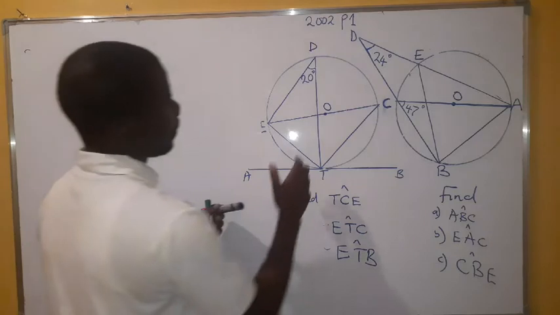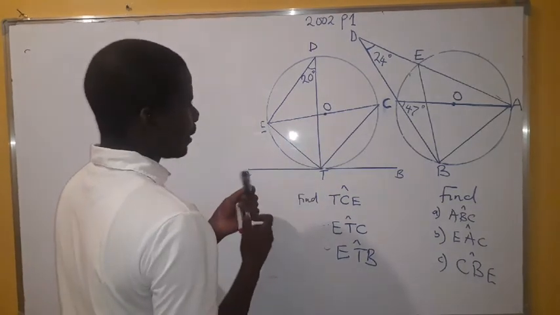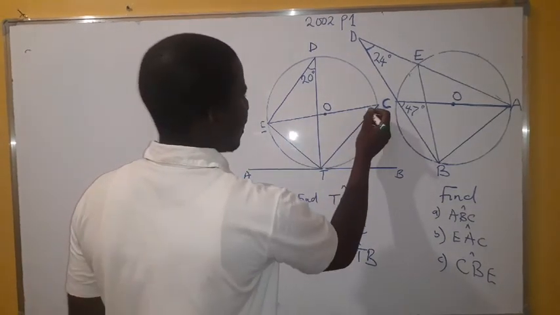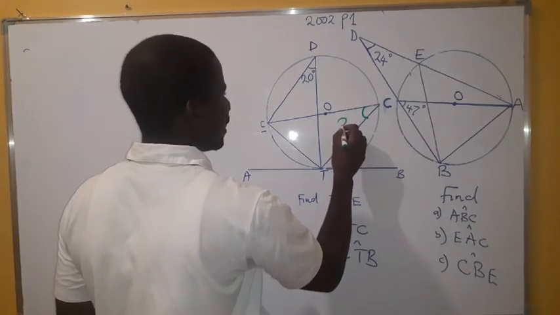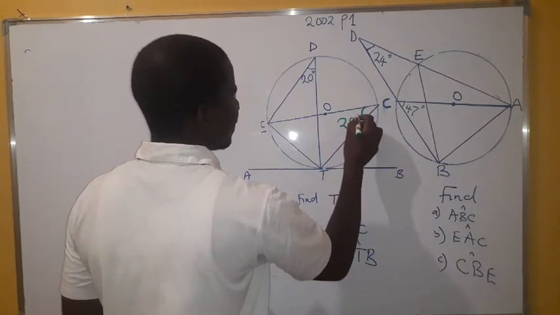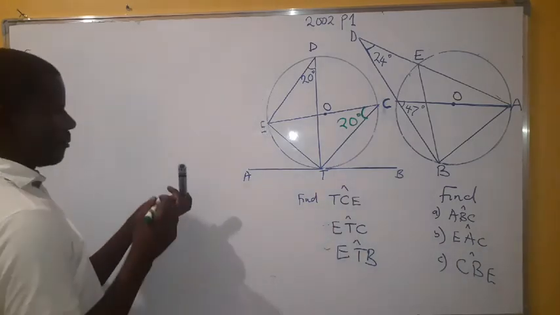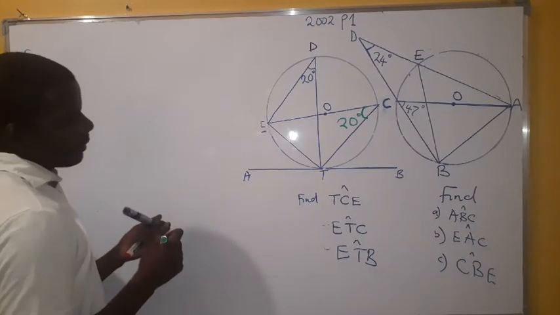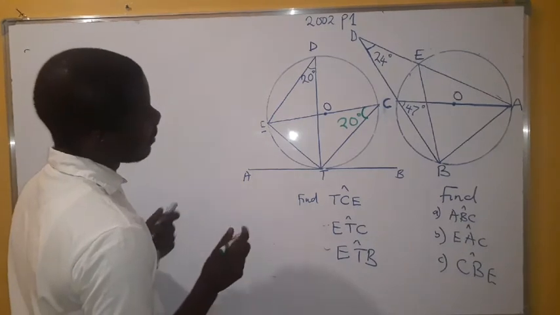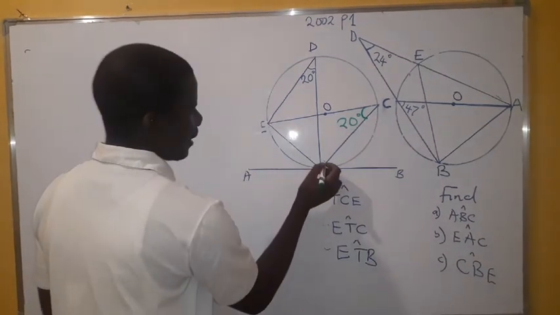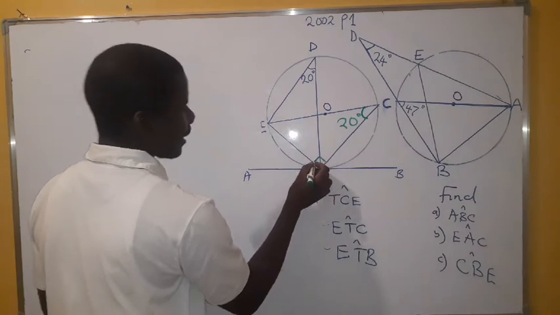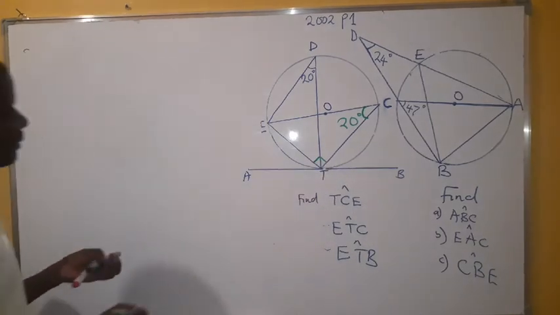Okay, so this is 20, even this one is 20, because these are supposed to be angles in the same segment. Okay, are we together? Then here, if this one is the diameter, then we should know that this angle in a semicircle here is 90 degrees.